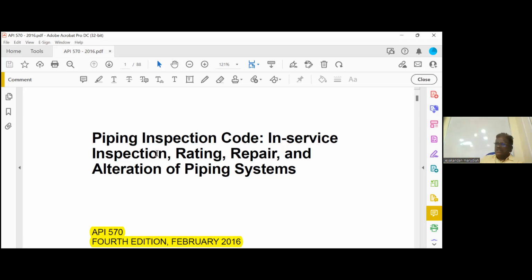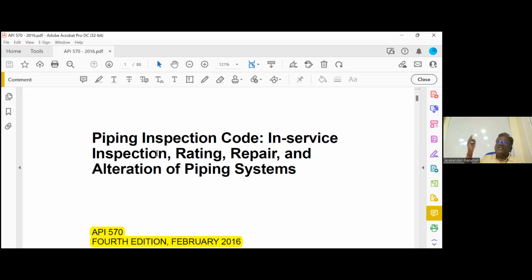Now, what is in-service? A pipe in operation is in service. Suppose piping is in shutdown. Is it in service or not? It is still considered in service. It can be shut down for many years. Which pipe is not considered in service? Only 3 pipes. A piping that has not started operation is not in service.